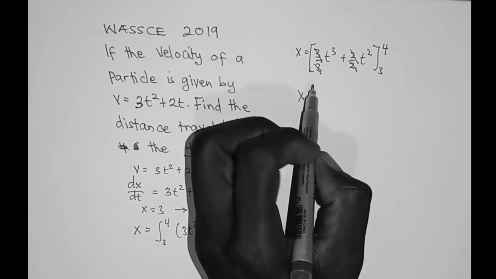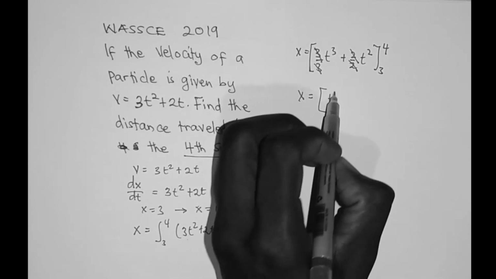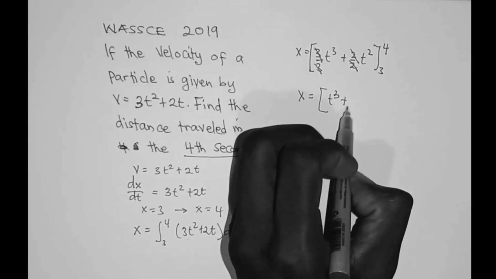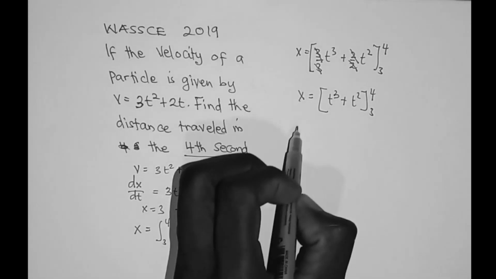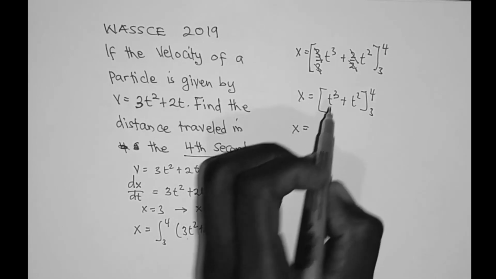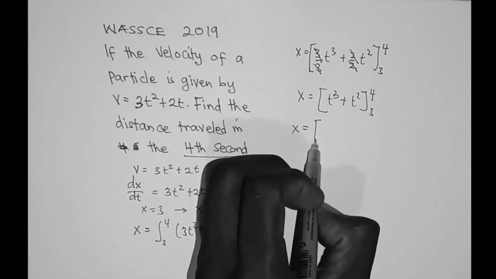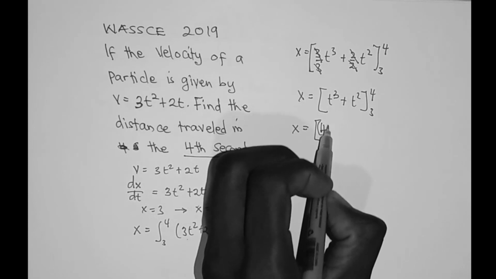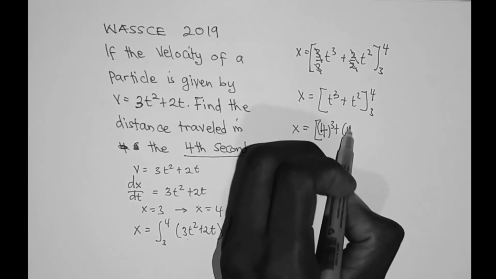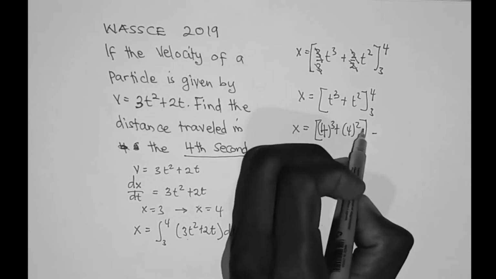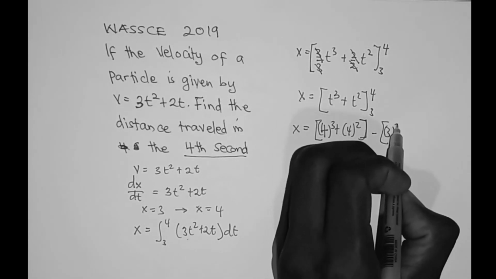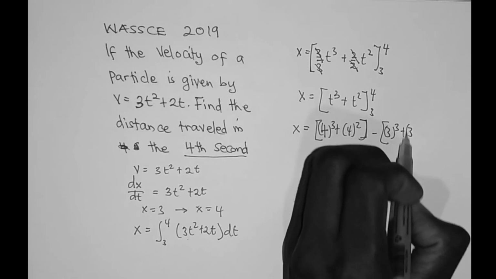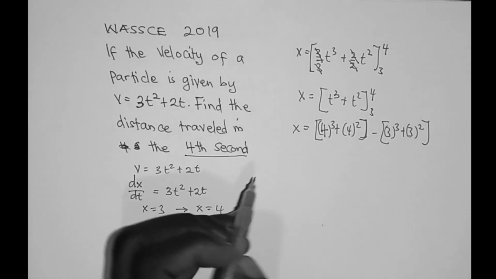So x is equal to t cubed plus t squared evaluated from 3 to 4. So let's go ahead and insert the limits. So this becomes 4 exponent 3 plus 4 exponent 2 minus (3 exponent 3 plus 3 exponent 2).